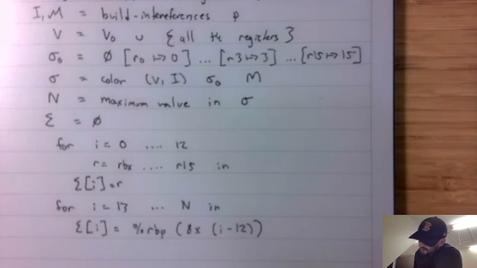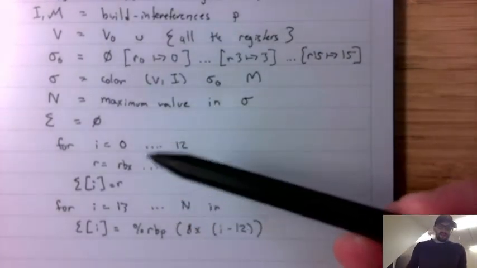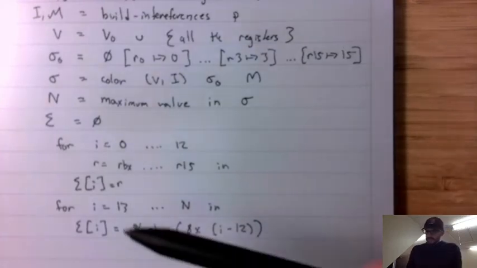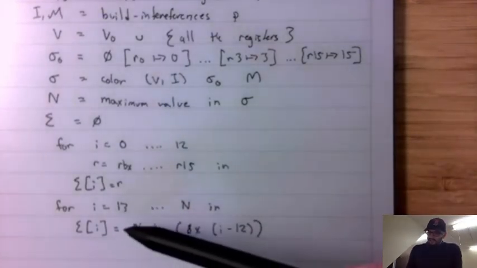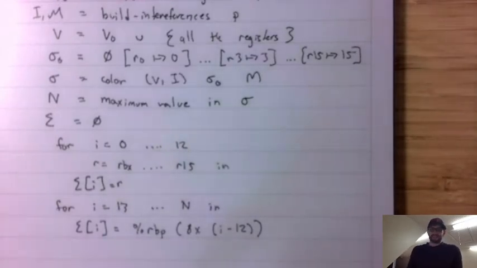So the first 13 colors are going to be registers, and all the colors after that are going to be stack locations.